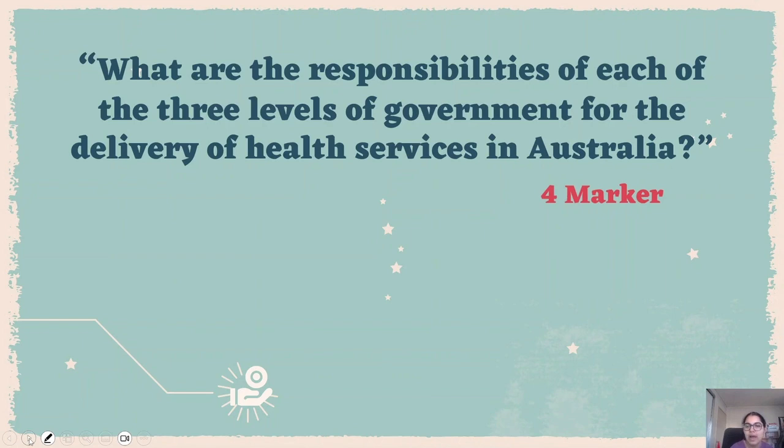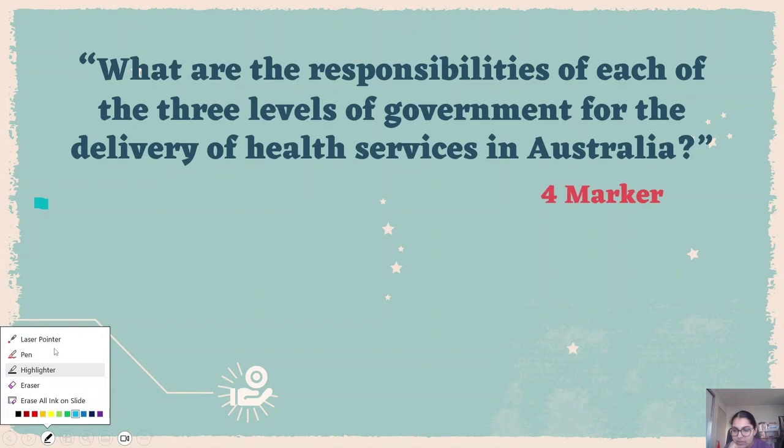We are going to start off by looking at, firstly, what core it's from, and then we're going to talk about the syllabus. So what are the responsibilities of each of the 3 levels of government for the delivery of health services in Australia? If you said core 1, you'd be correct.